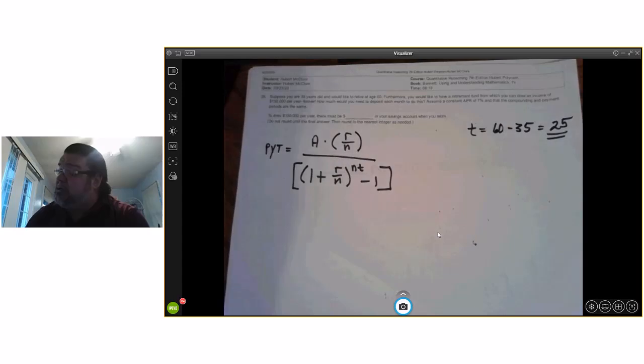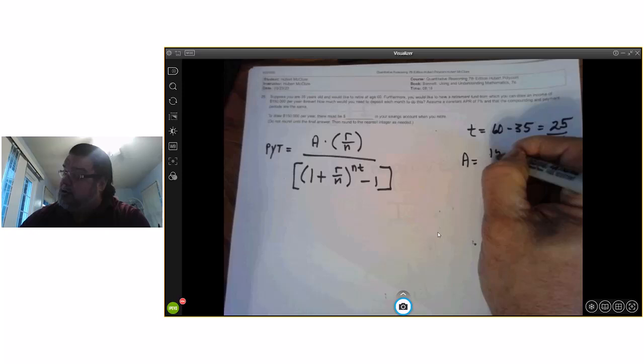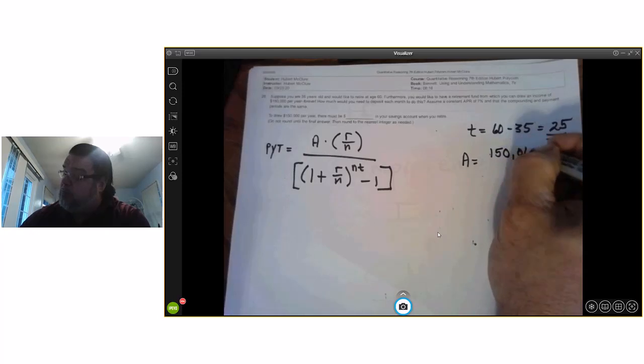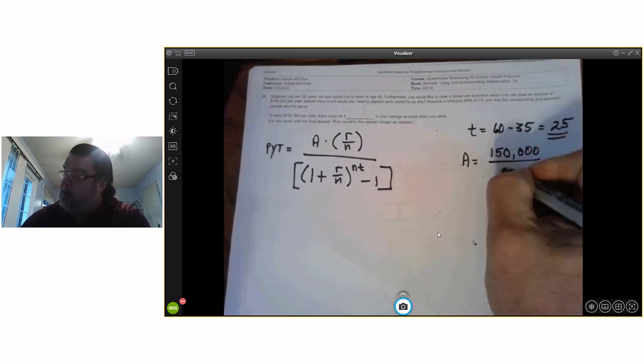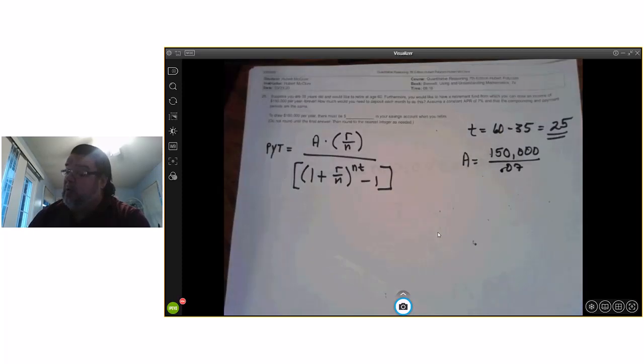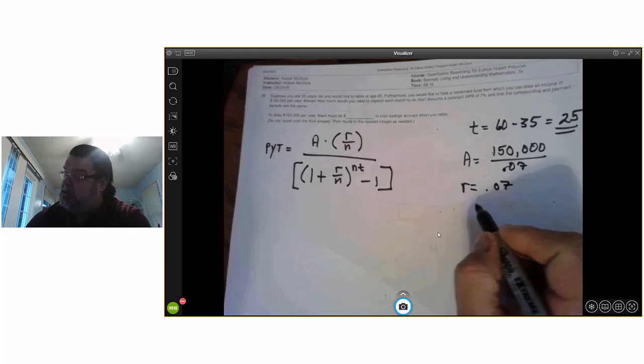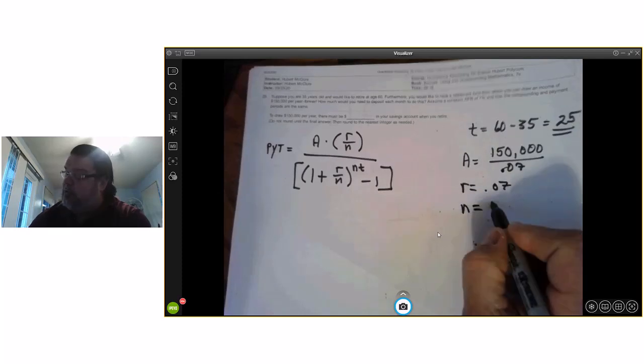And it says you want $150,000 for the rest of your life. So that means A is equal to 150,000 divided by 0.07, which is the rate. R is equal to 0.07, N is equal to 12.